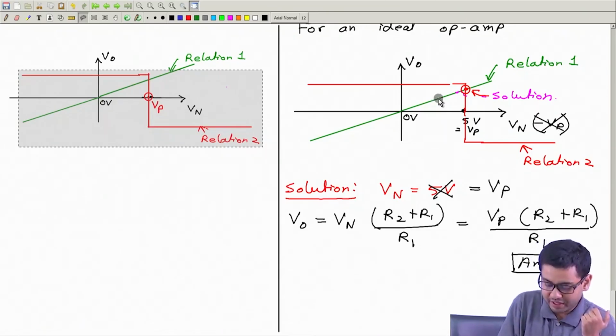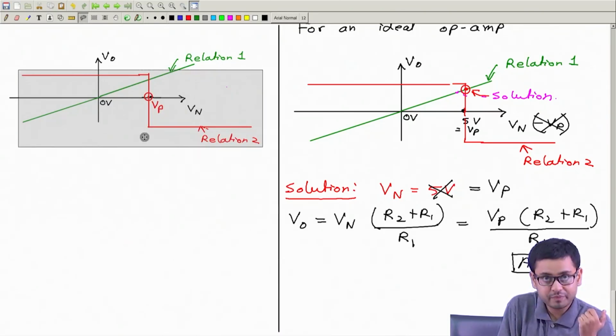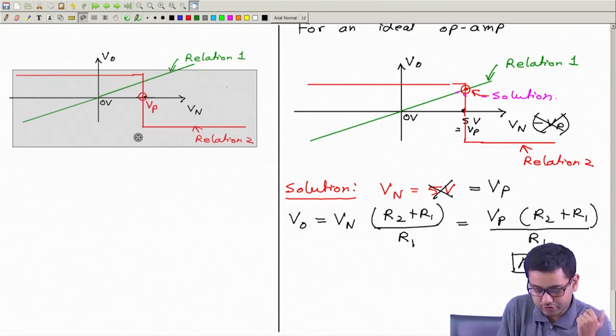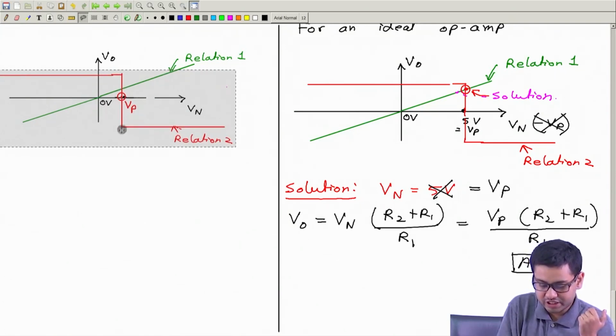So what happens, I'll show you through this animation. If I reduce Vp, then this red curve will move from right to left like this. And if it is moved here, so now this is Vp, then this point, where my cursor is, will be the solution, the value of Vo.